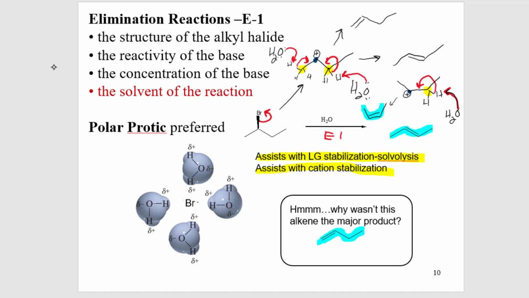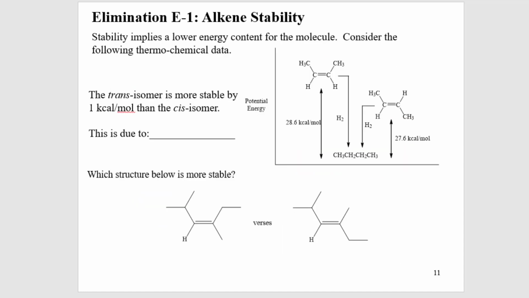So why is it that the major product is the one circled in red? This is going to go back to our Newman projections to think about the stability of the intermediate and precisely around those rotations.